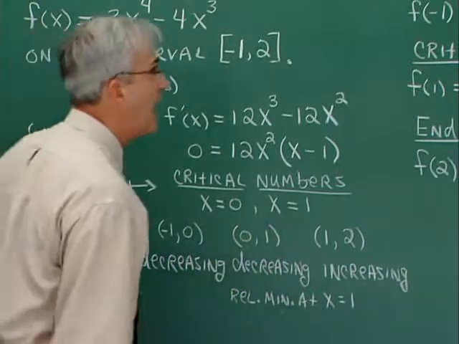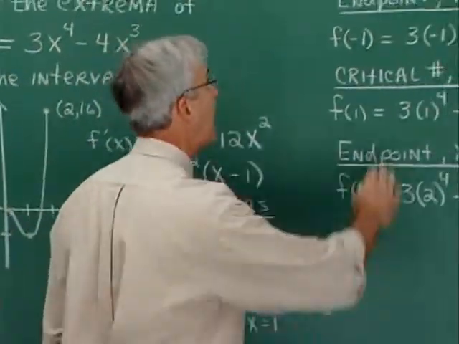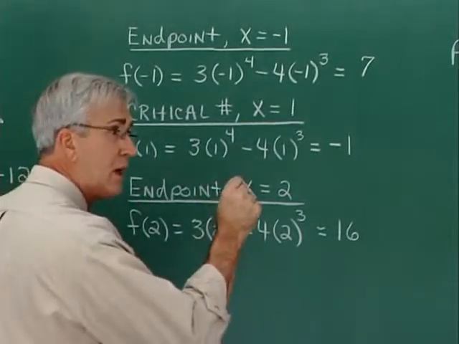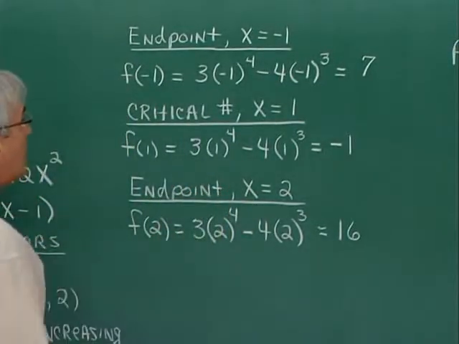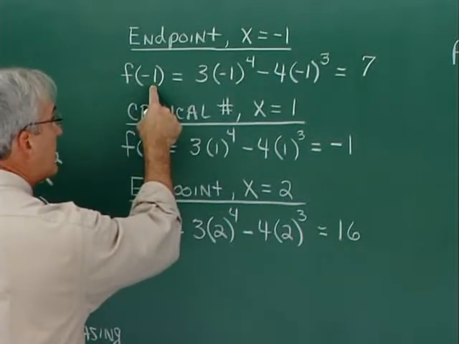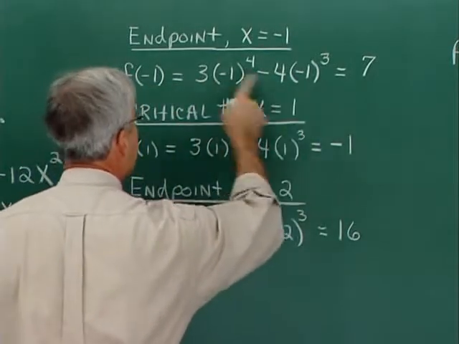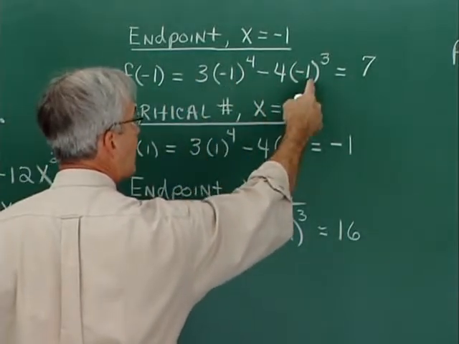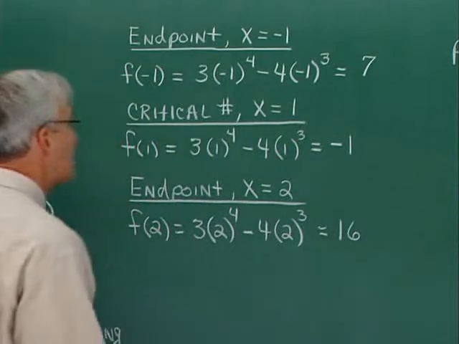So we go over to the side and we evaluate the function at the endpoints and at those critical numbers which give us a relative maximum or minimum. So it's f of -1, f of the left endpoint, is found by doing this. Now in the f function we're just replacing x with -1 and evaluating to find that value to be 7.